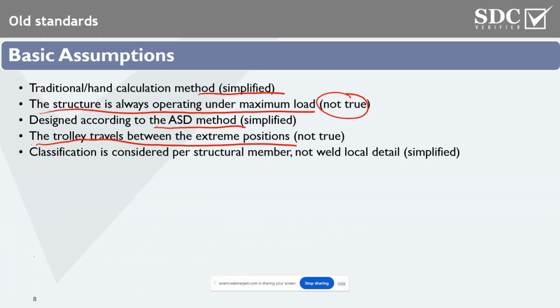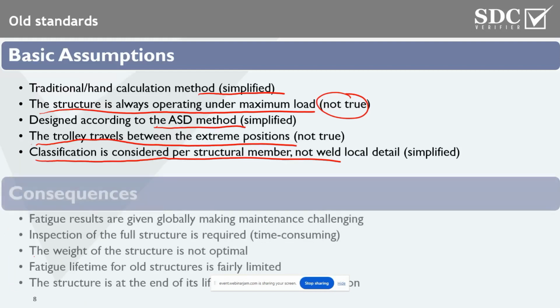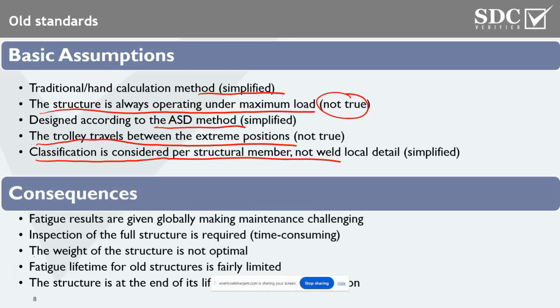When checking fatigue in these structures, what was really omitted is that classification was considered per structural members or bigger parts, but not local welding details. Of course, this leads to a list of consequences. The first one is that fatigue results are given globally, making maintenance challenging.